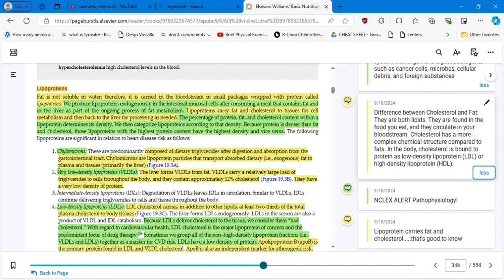Cholesterol has a more complex chemical structure compared to fats. In the body, cholesterol is bound to protein as low-density lipoproteins, which is your LDL, or high-density, your HDL, okay? Breathe, relax. We are going to explain this in detail little by little, okay?